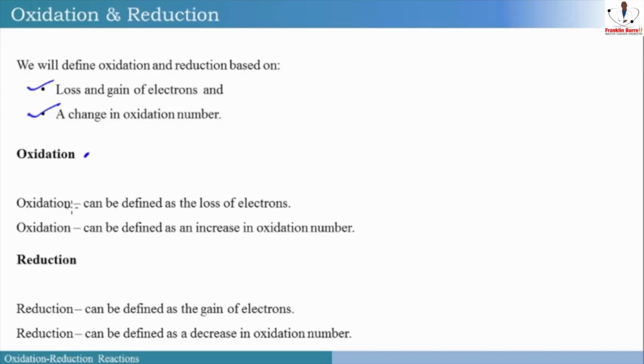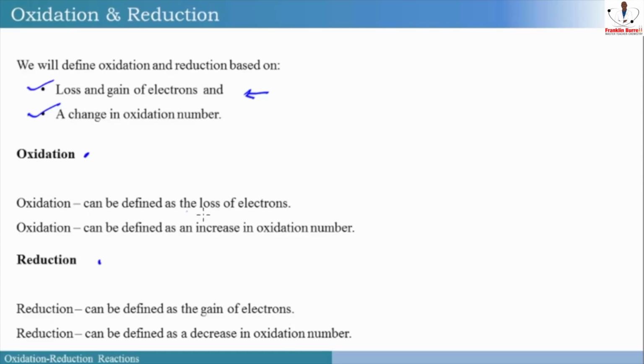Now, oxidation in terms of electrons. So, in terms of electrons, oxidation is defined as the loss of electrons. In terms of electrons, reduction is defined as the gain of electrons.